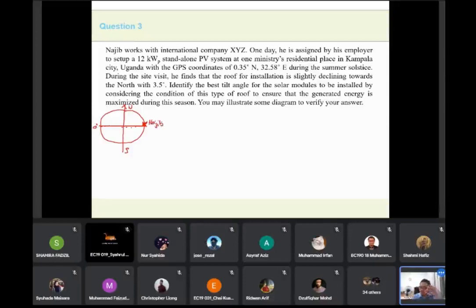So Najib, we all know is located at 0.35 north. Okay, clear. So what's next? Remember the GPS coordinates, 0.35. So we only consider this north item. Okay, so what's next?